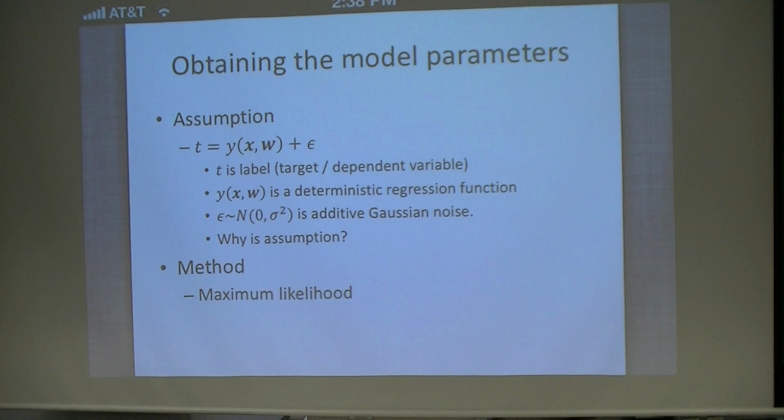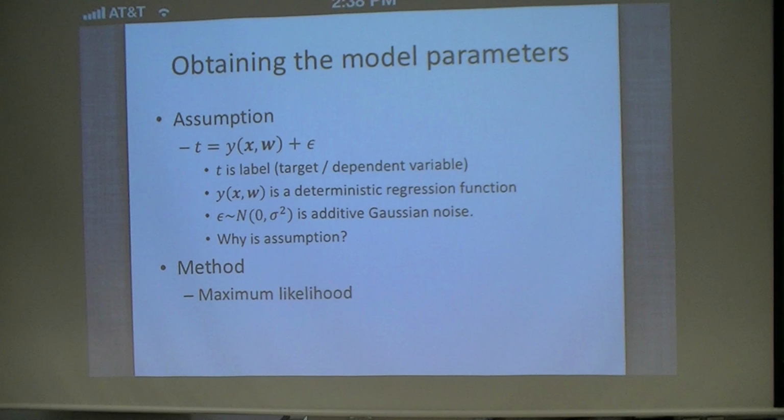So how do we get the model parameters? Here we have an assumption. Suppose t is the label, and it is equal to the regression function output plus noise epsilon.